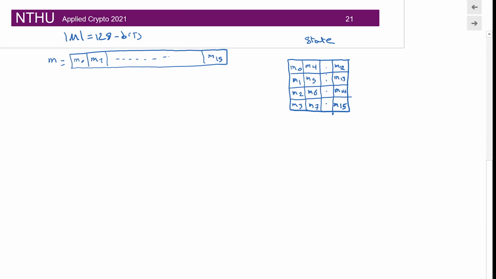I copy my entire message into this block, and as you can see, I put the bytes in column by column.